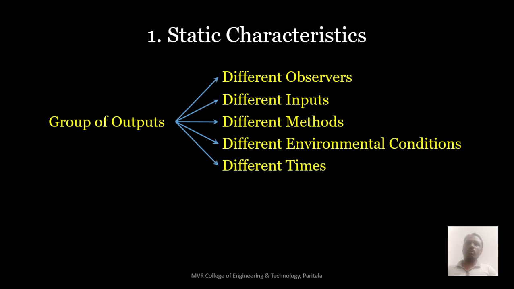Now we are collecting more outputs from the instrument under these differing conditions. Even then, if the instrument gives the same, accurate result, then the system has more reproducibility. So what is meant by reproducibility?